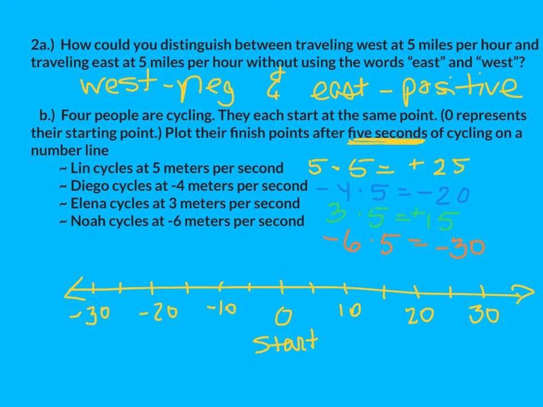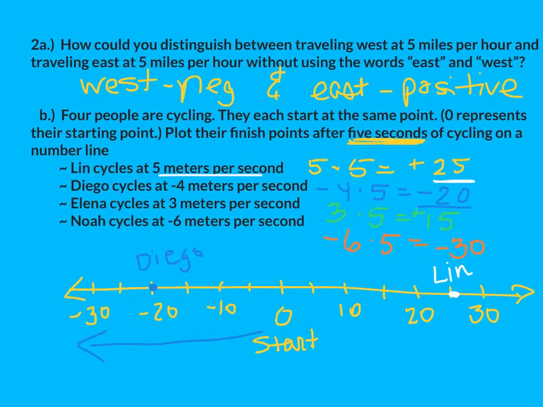Okay, so we've got Lynn cycling 5 meters per second. That puts Lynn at +25, which is right here. I'm going to label that as Lynn. Next, we've got Diego, ended up at -20. So that would be right here for Diego. Remember, when counting, we always start at 0 and head down.